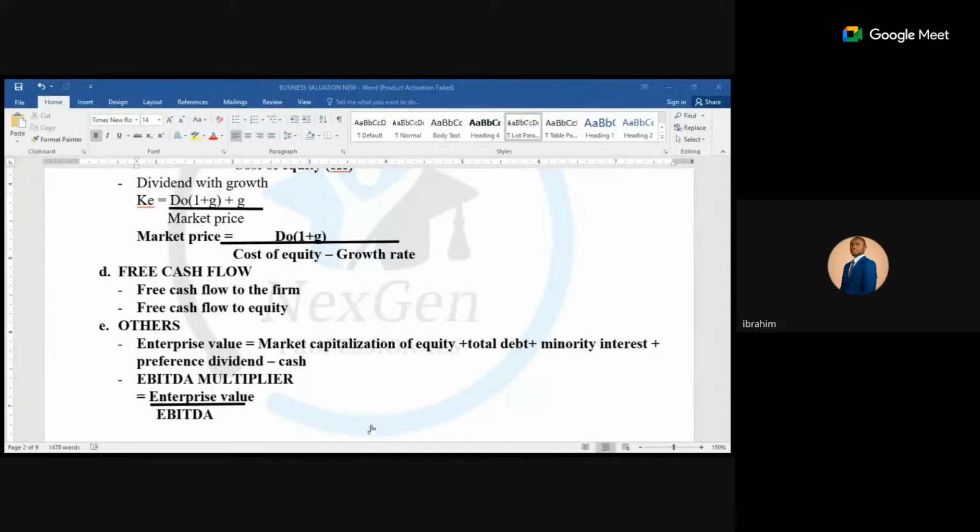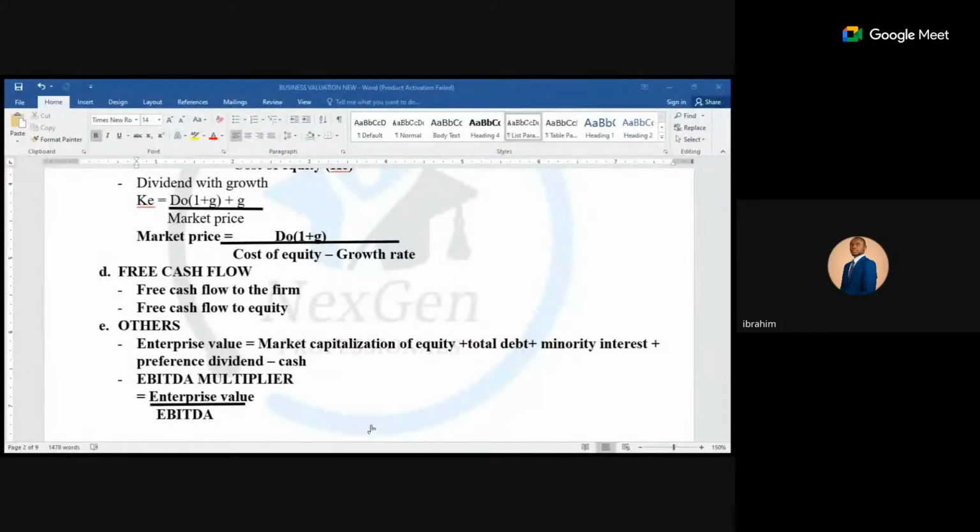Class. The market capitalization of equity plus total debt plus minority interest. Of course, we know that under the group, in group accounting, minority interest plus preference dividend minus cash.